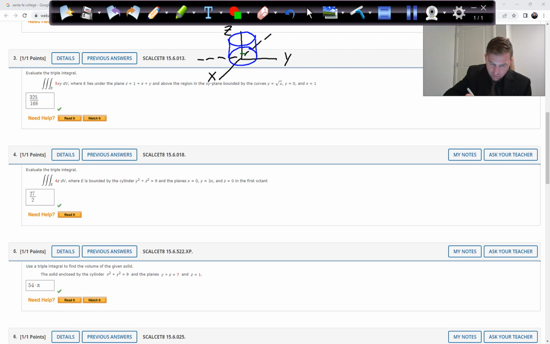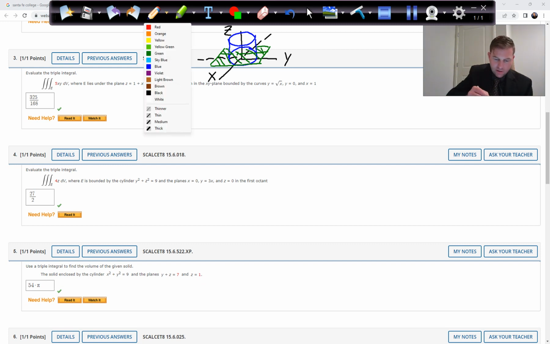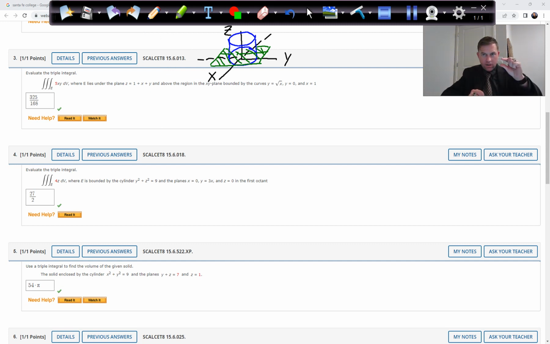So when z equals 1, we're basically going to come in here and slice the entire bottom of this cylinder off. So all of that is going to go away. And it's still a circular cylinder, but that bottom one from z equals 1 to the xy plane is gone. So there's a hole there now. Okay, so the new thing looks like this.